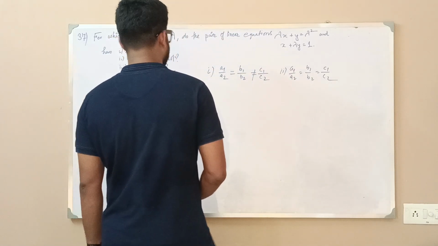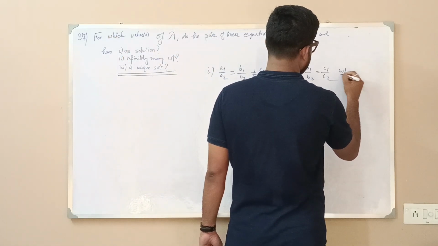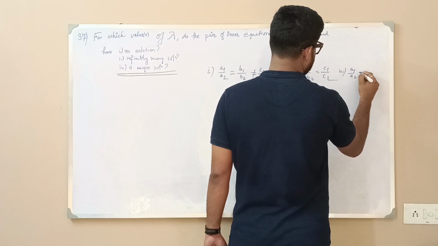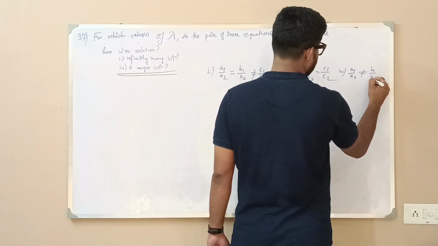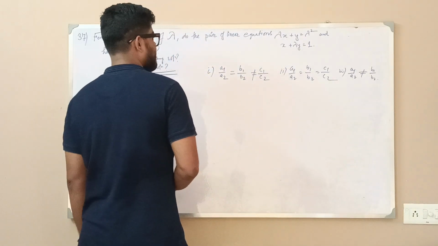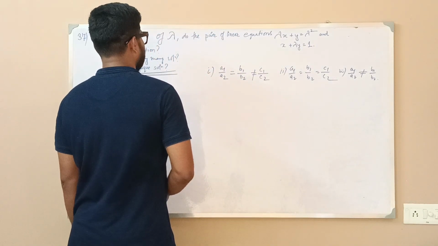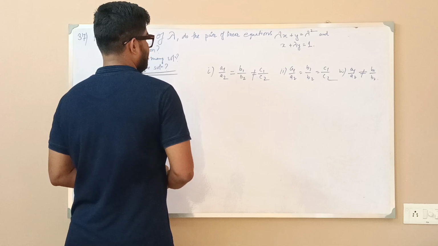Okay. And now for unique solution, a1 by a2 not equals to b1 by b2. So these are the three conditions we have to satisfy for finding the value of lambda. Okay.